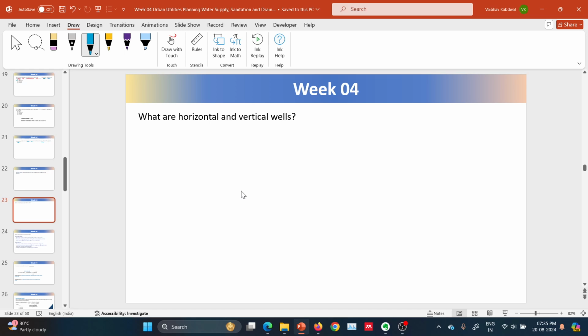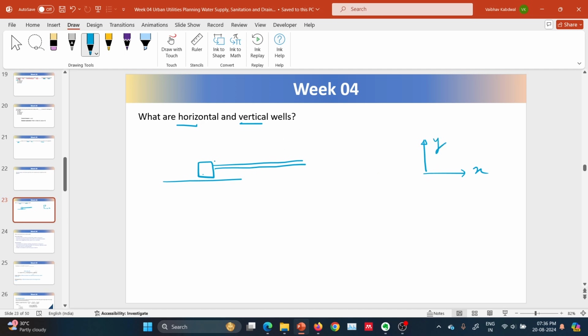So don't get confused with the names, like what is horizontal, what is vertical. First thing we will understand, if this is the pump, I'm just making it as a block diagram. This pump can either transfer the water horizontally in the x direction, or it can transfer the water in the y direction.